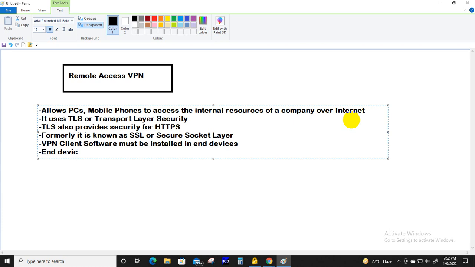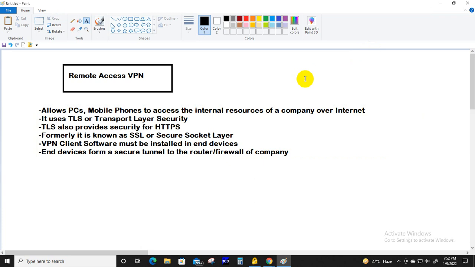End devices form a secure tunnel to the router or firewall, that is also known as TLS server of company. This is remote access VPN in brief.